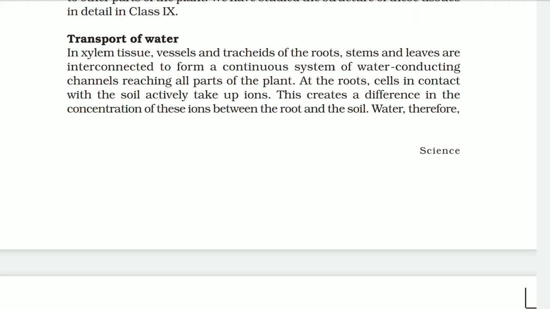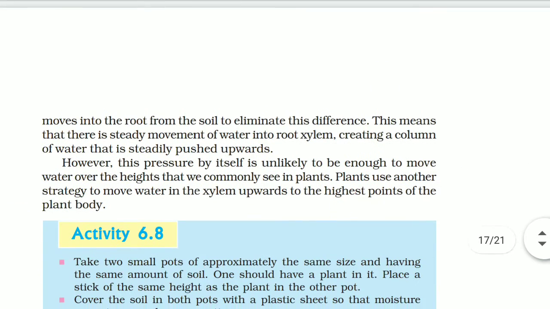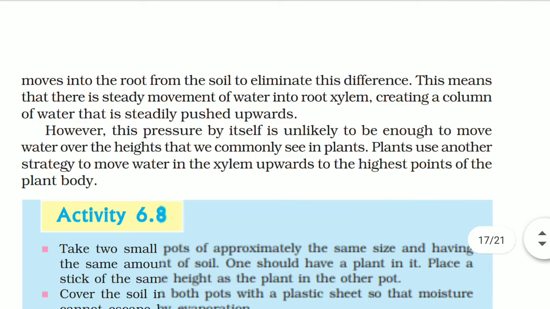At the root, cells in contact with the soil actively take up ions. This creates a difference in the concentrations of the ions between the roots and the soil. Water, therefore, moves into the roots from the soil to eliminate this difference.